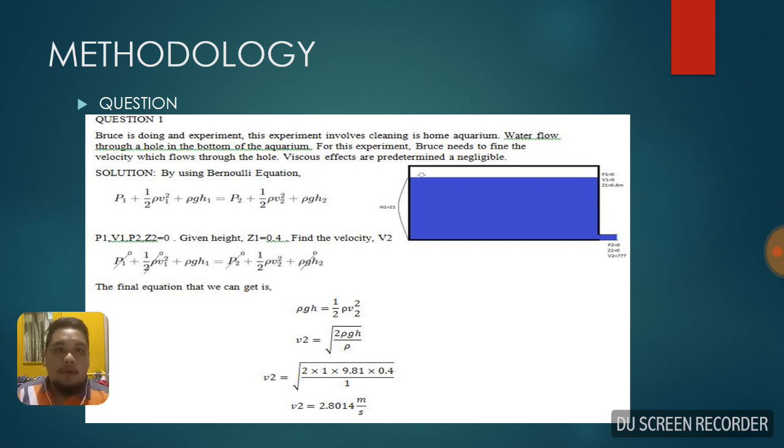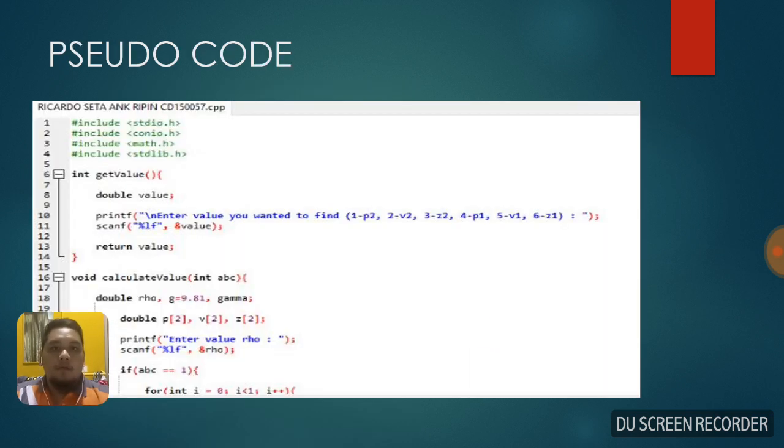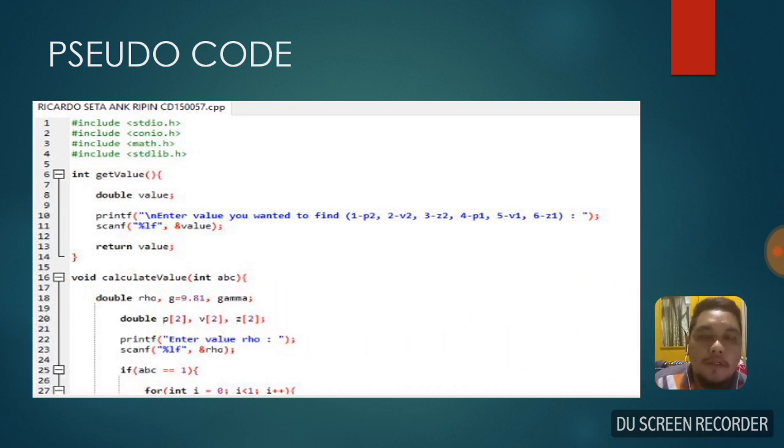Okay, next. Here is my flowchart. As you can see, the flowchart starts with start and all the initial values, and it will end there. Next is the pseudocode. Here is my pseudocode, and I will give you time to see it.